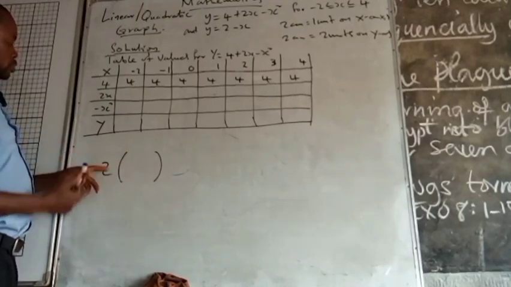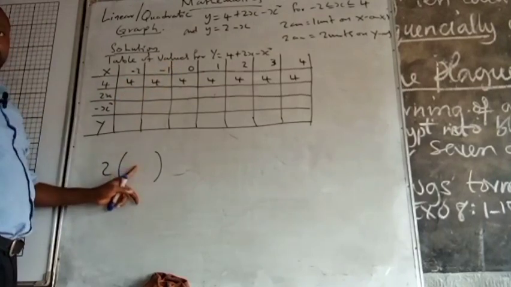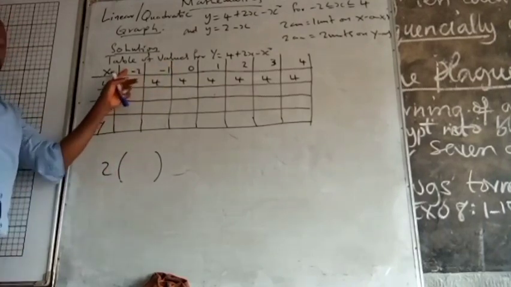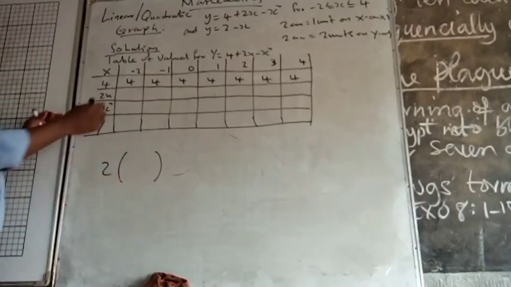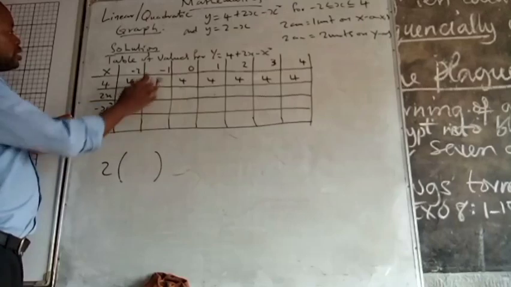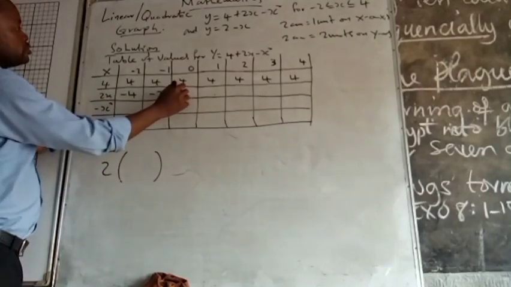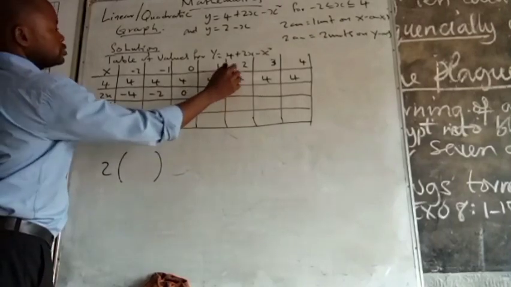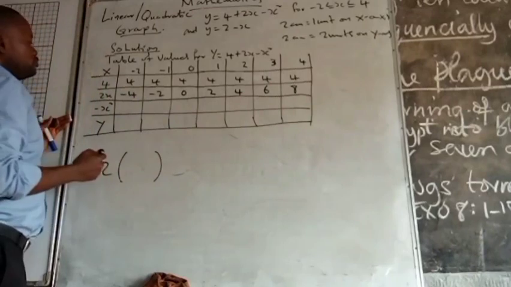You can choose any of these values to enter here. So when x is -2, 2 times -2 will give us what? -4. What about 2 times -1? -2. Times 0 is 0. Then 2, 4, 6, 8. That's 2 times 4.